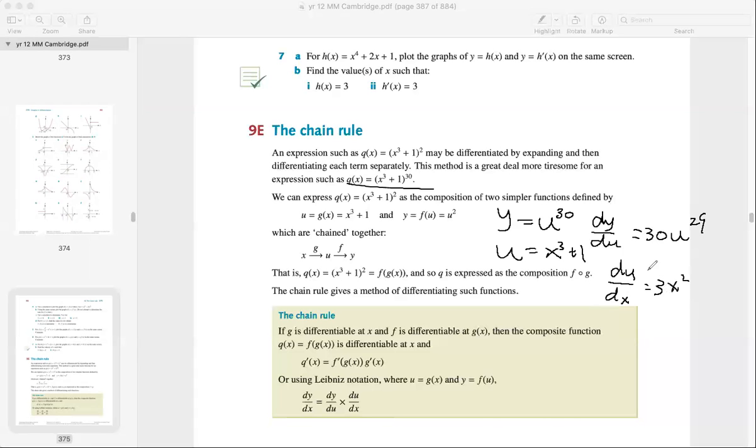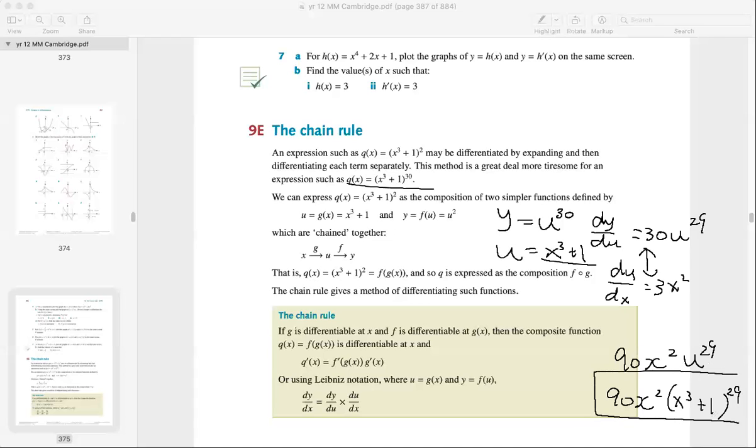So I multiply these together to get 90 x squared u to the power of 29, and it's 90 x squared, and the u is x cubed plus 1, all to the power of 29. Okay, that's the whole thing of it. It's pretty easy and straightforward.